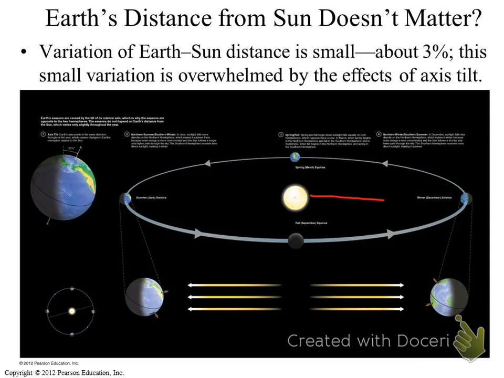January 3rd, we are closest. And when I say closest, I mean the Earth is literally closest to the Sun. And we call that perihelion. Perihelion. And it is about January 3rd.